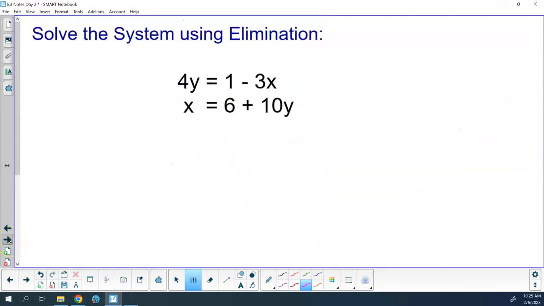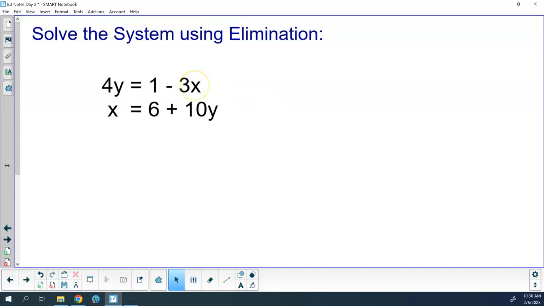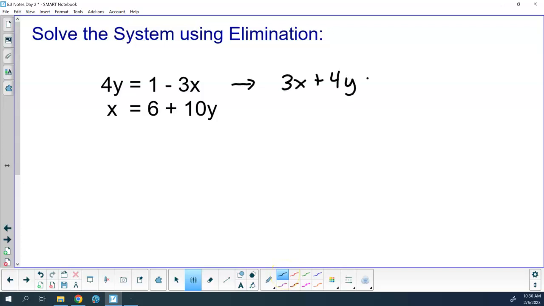Solve it using elimination. So step number 1 says we gotta line them up. So did that.